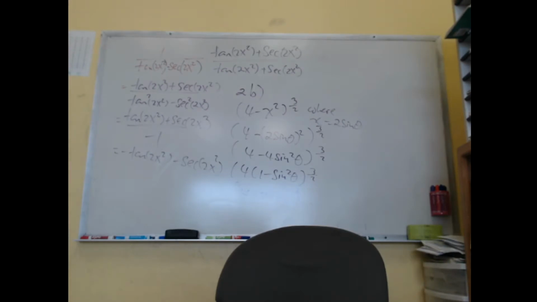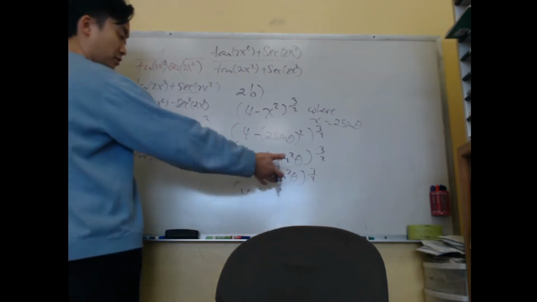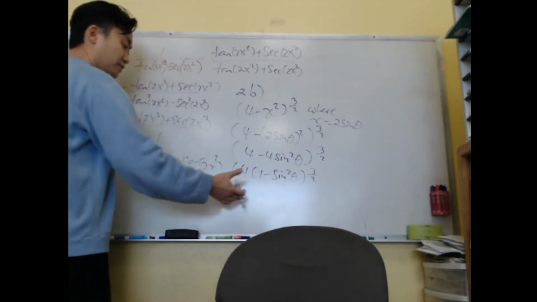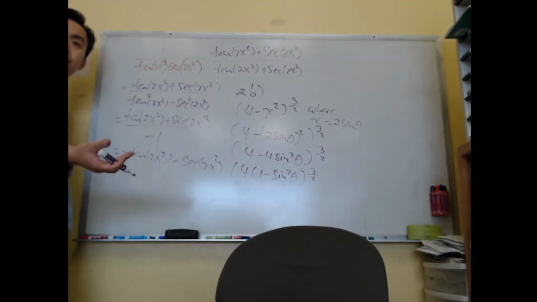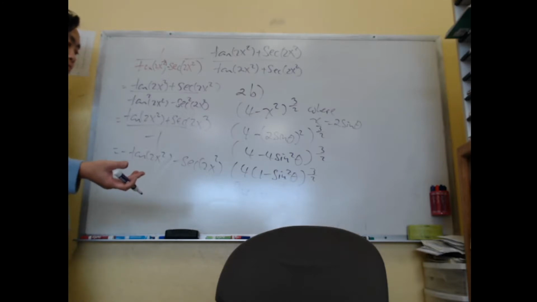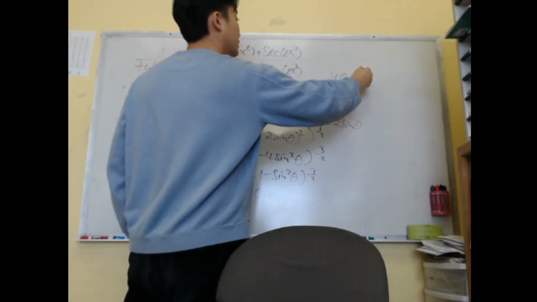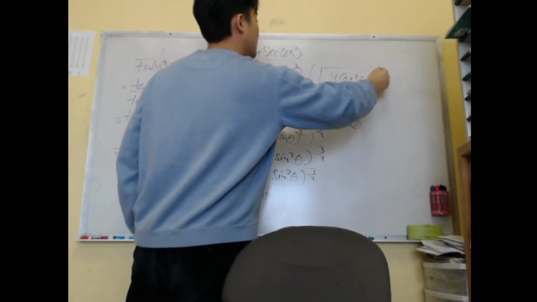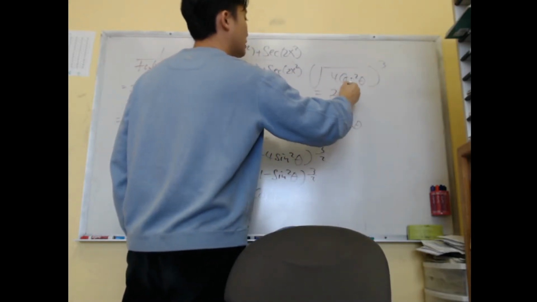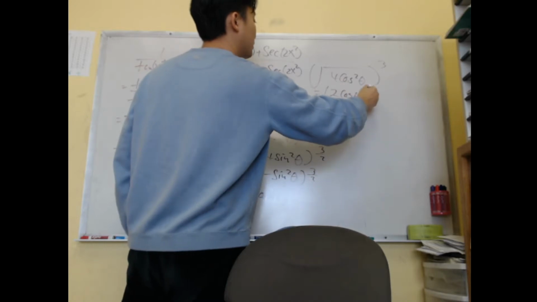Okay, so now to the power of 3 half, in terms of radical, what does that mean? Square root and what else? Cube it, right? So you want to cube the whole thing? Well, let's take the square root of this first. What's the square root of 4 cosine square of theta? Okay, so 2 cosine of theta to the power of 3.